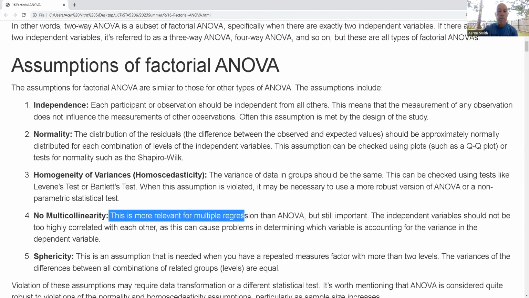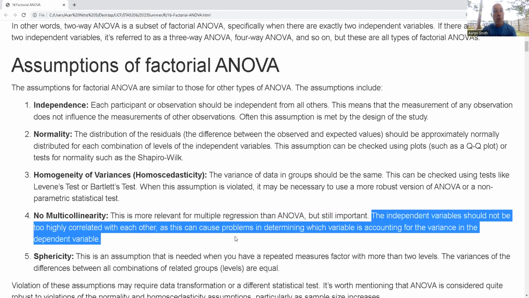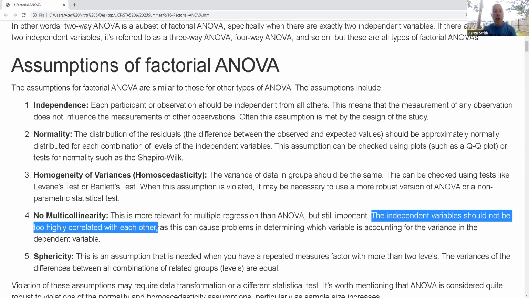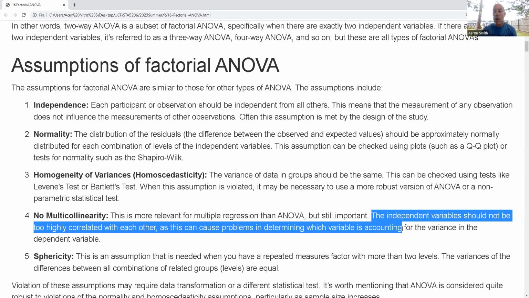This is more relevant typically in multiple regression than ANOVA, but it's still important. The independent variables should not be too highly correlated with each other, as this can cause problems in determining which variables are accounting for the variance in the dependent variable.